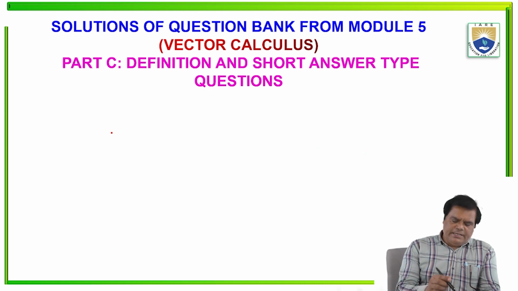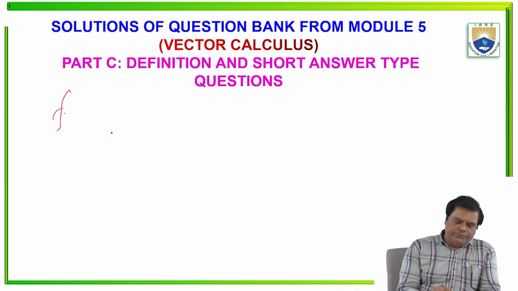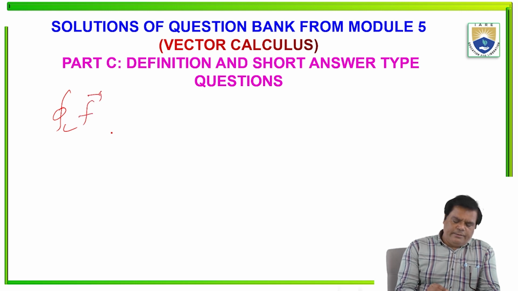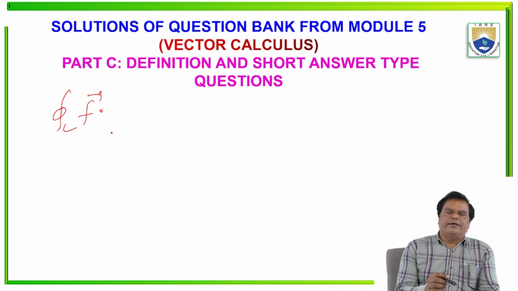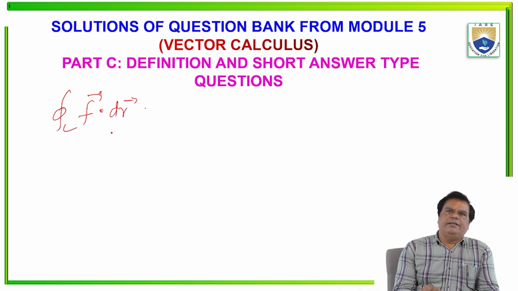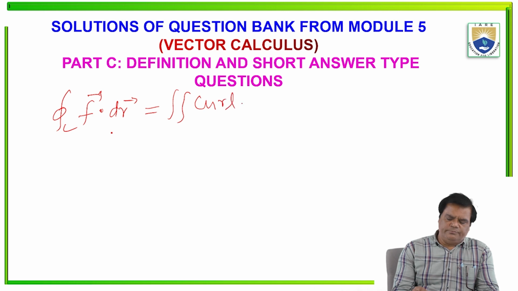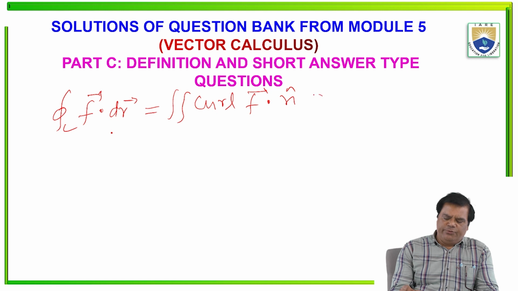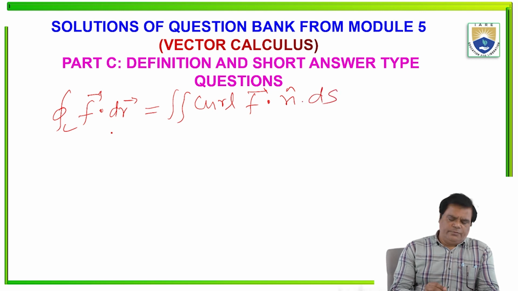So here is the line integral over C of f vector dot dr vector. This is three-dimensional, equal to the double integration of curl f dot n vector into ds. This is the formula.